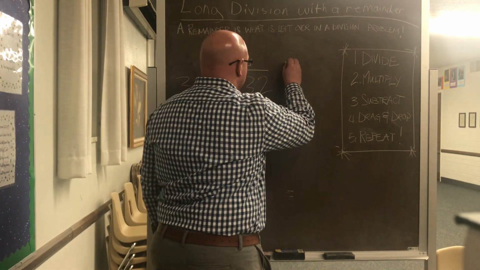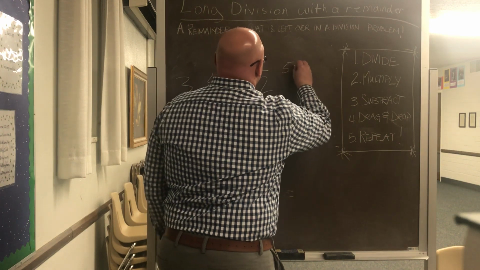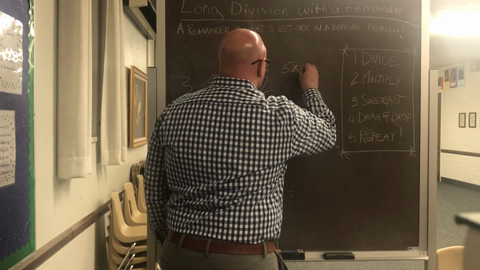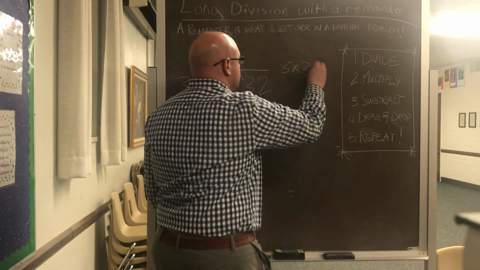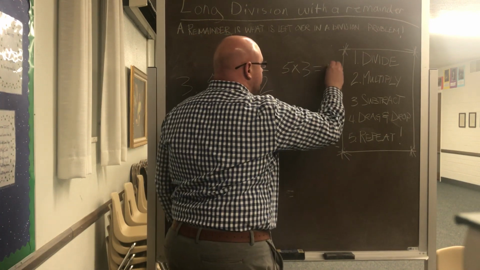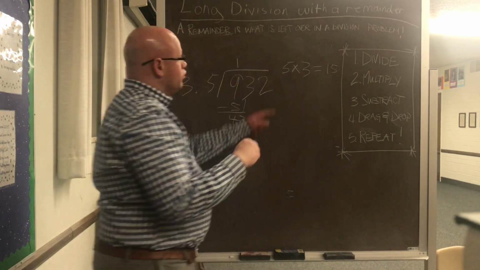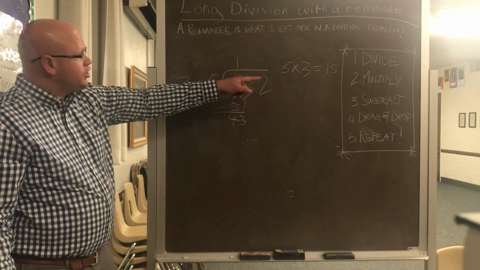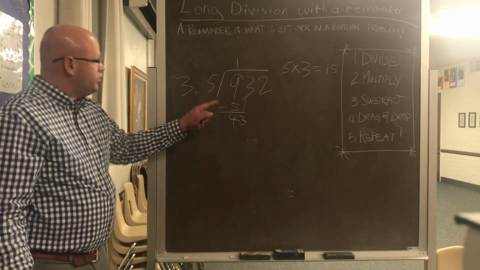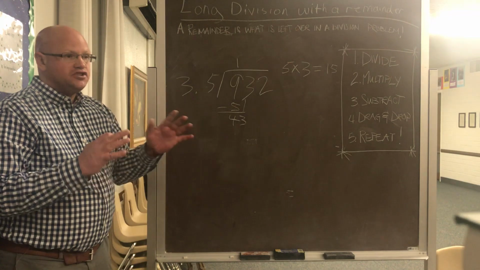Let's make a chart. 5 times 3 equals 15. Will that work? Yeah, that could work. I mean, 5 can go into 43, but there's such a big gap.